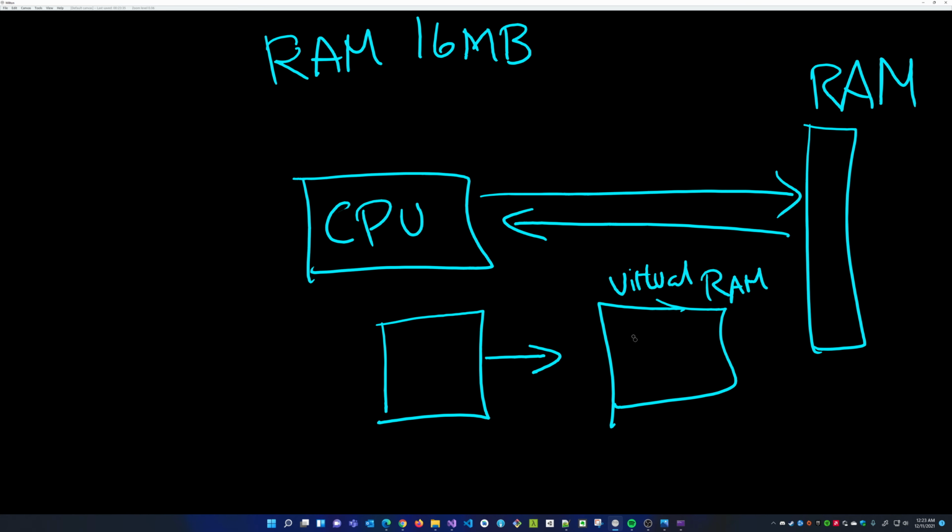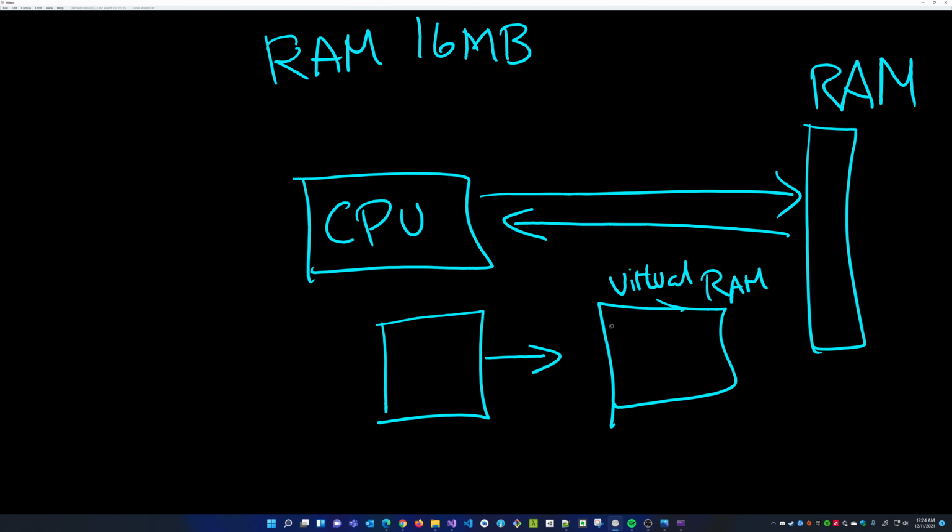That means your application doesn't interact with RAM directly, it interacts with virtual RAM, a concept that the operating system creates for you. And when you create a variable in virtual RAM, the operating system will map this into actual memory and post it in the actual location.